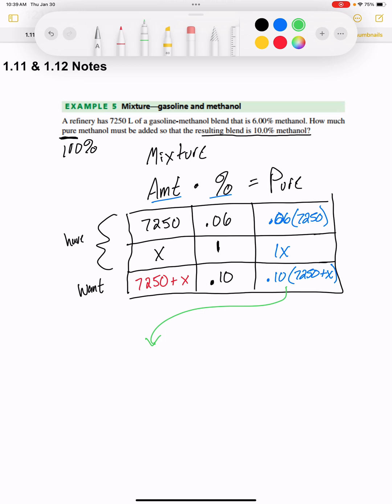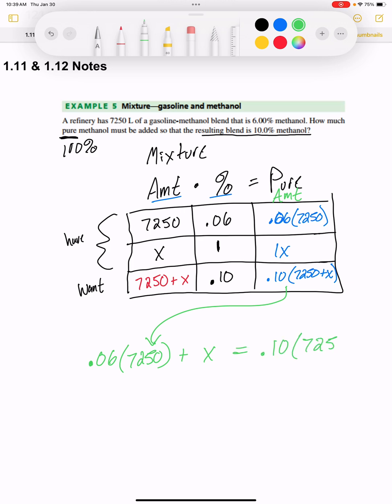So the 6% pure amount I have is 0.06 times 7,250, plus x, that's going to equal 0.10 times 7,250 plus x. And now we have an equation.